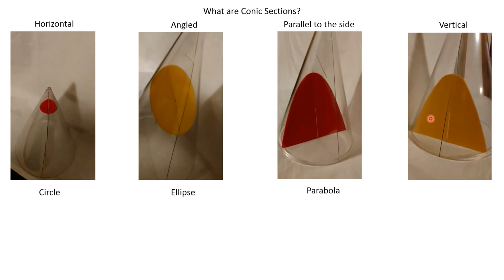But if you remember the hyperbola, it was the green one on the front screen that was on the bottom and on the top. There are two parts to a hyperbola. And why would that be? Well, that happens because this is not our cone with the cut in it.